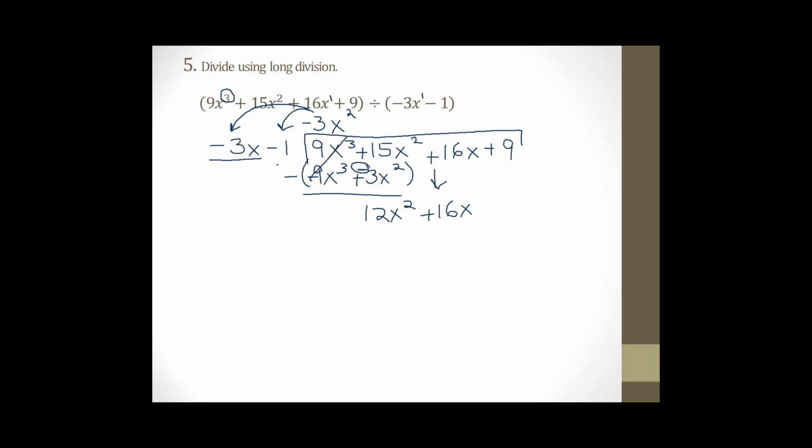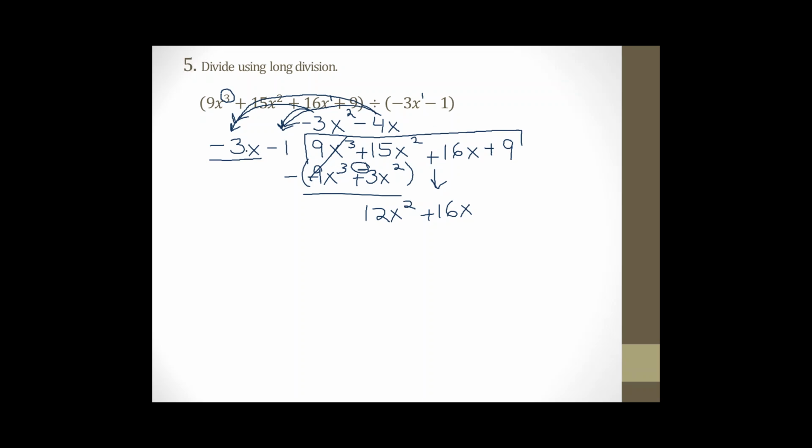By what number do I have to multiply negative 3x to get to 12x squared? I have to multiply by negative 4 to get to 12, and I already have an x, so I need one more. So negative 4x, distributing it to both terms.